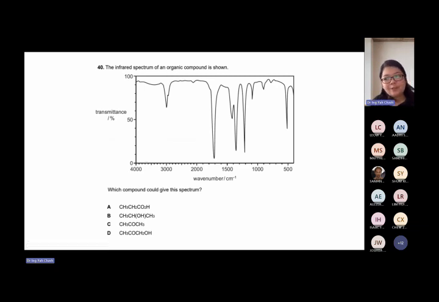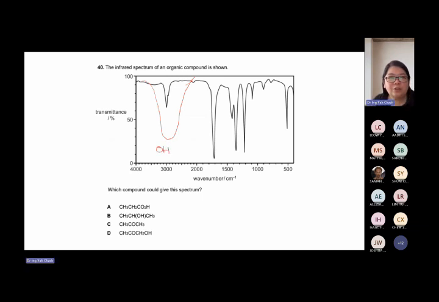The infrared spectrum question. Now, this question is considered one of the easier ones, maybe because of my practice. Whenever I look at an infrared spectrum, my first reaction is to see whether there is a broad peak here or not. When I say broad peak, I mean something like this: a very high absorption and very broad one. Why did I check this one? Because I realized that they always give me compounds with OH functional group.